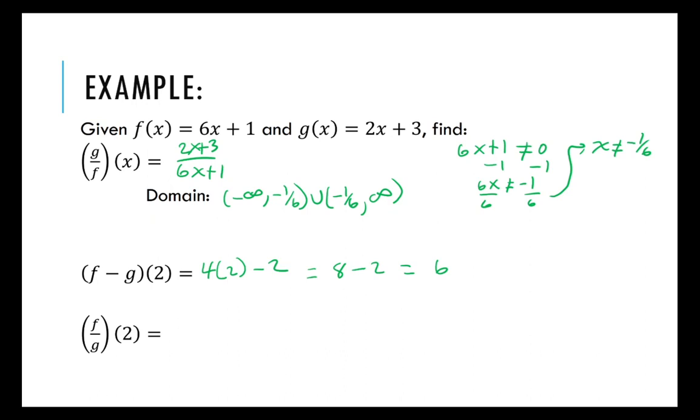So when we plug in 2 here, we just have 6 times 2 plus 1 divided by 2 times 2 plus 3. 6 times 2 is 12, plus 1, divided by 4 plus 3. That's 13 divided by 7. So 13/7 is the solution.